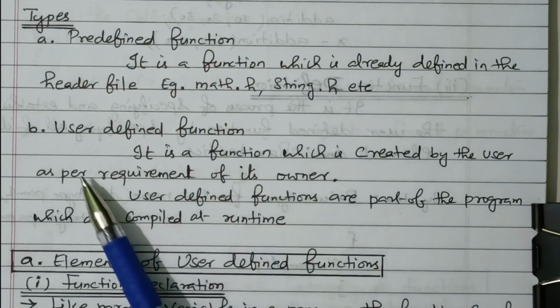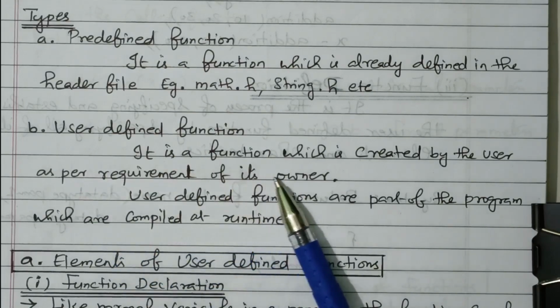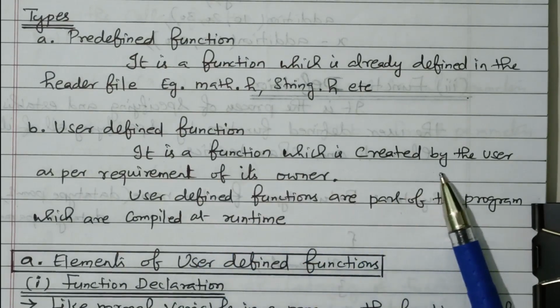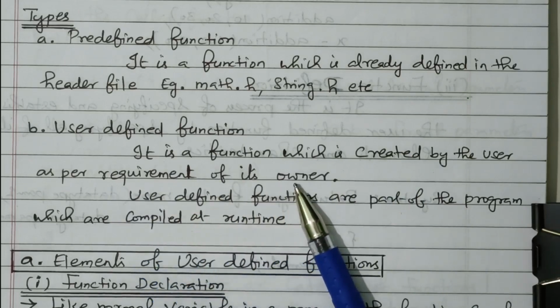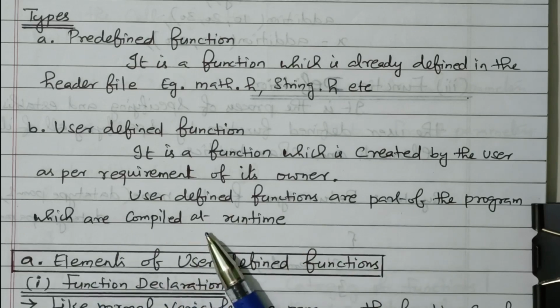The second type is the user defined function. We can define the function according to our requirement. That is, it is a function which is created by the user as per the requirement of its owner. Based on our requirement we can create it. User defined functions are part of the program which are compiled at runtime.